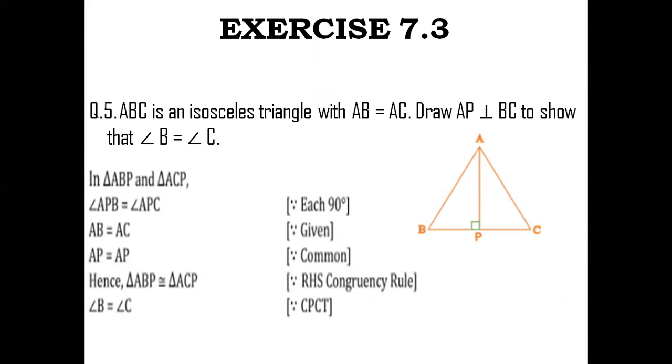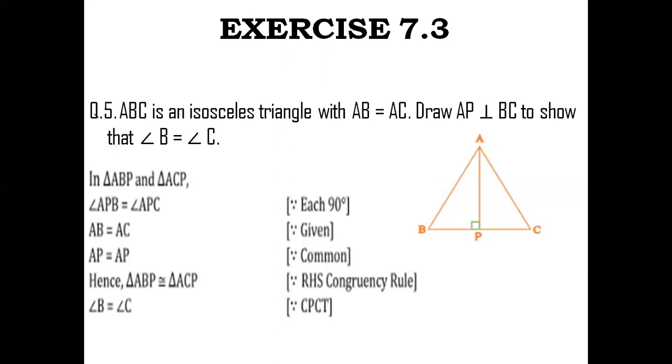Also, we have been asked to draw AP perpendicular to BC to show that angle B is equal to angle C. So what is the other given fact? That AP is perpendicular to BC, and we have been asked to prove that angle B is equal to angle C. Now, a figure with the given data has been drawn.